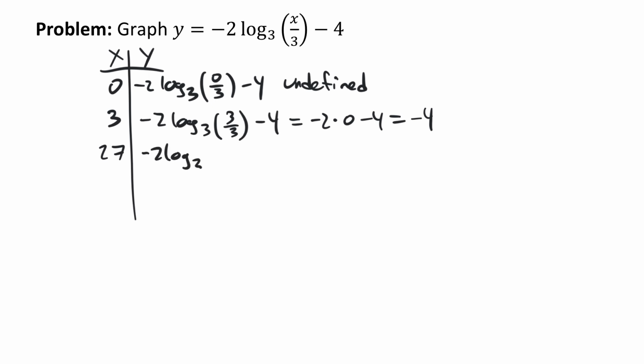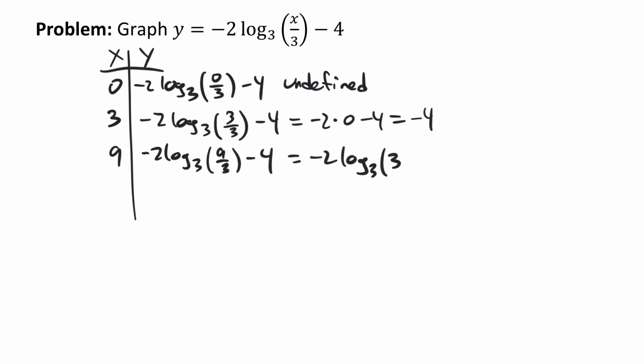And then I've got log base 3 of 27. Maybe I don't need 27 over 3. Maybe 9 over 3 was a good idea, actually. Let's back that up. 9 over 3 minus 4, negative 2, log base 3. Yeah, that's working.